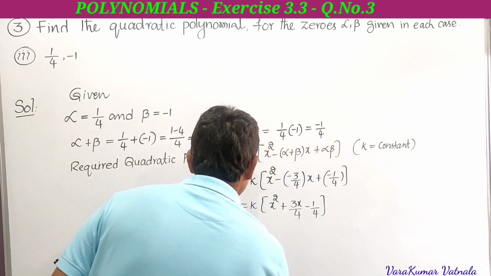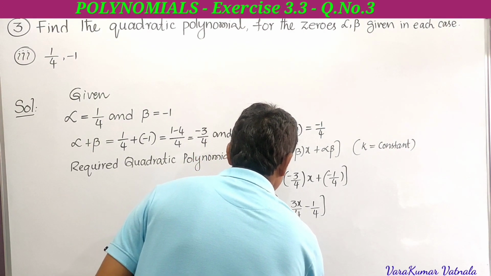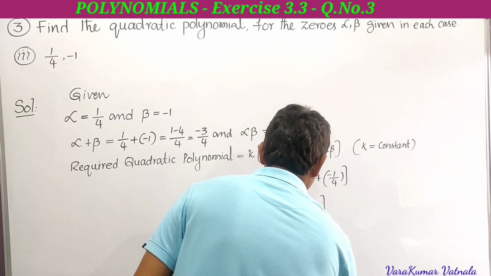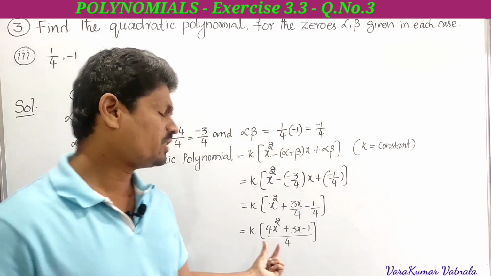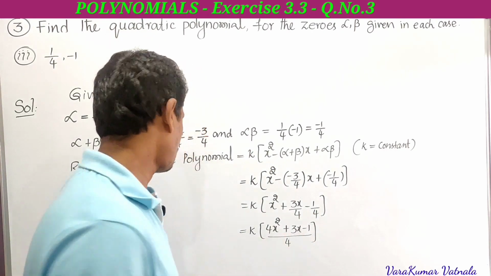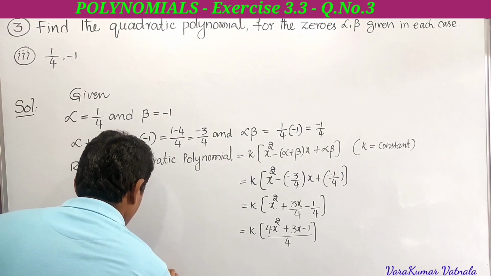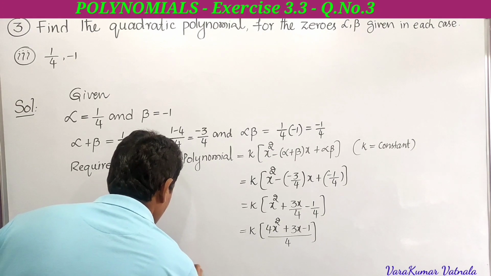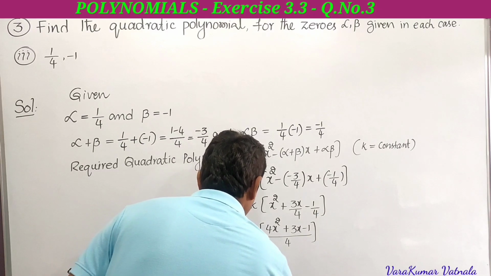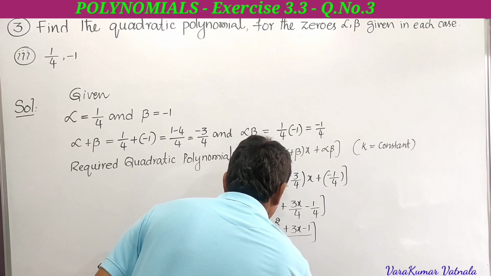So find LCM, we get k into 4x square plus 3x minus 1 divided by 4. So this is the required quadratic polynomial. For different values of k, we can get different quadratic polynomials. If k is equal to 4, then the quadratic polynomial is equal to 4 into 4x square plus 3x minus 1 divided by 4.